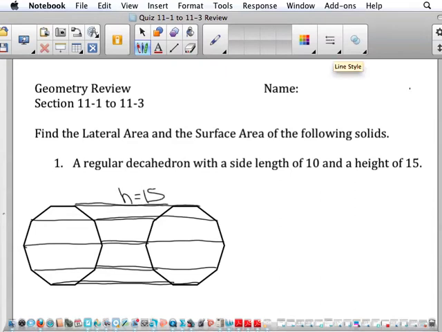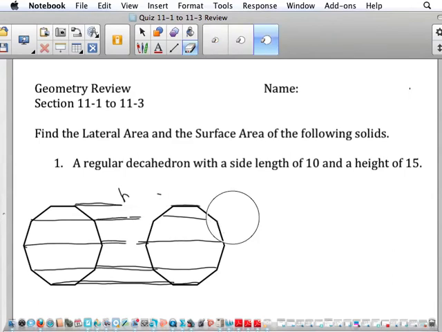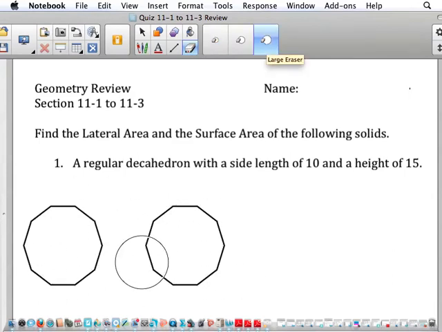The side length is the length of one of the sides of this decagonal base. So it has 10 sides. Now let's take a look at what that means in terms of finding the surface area.